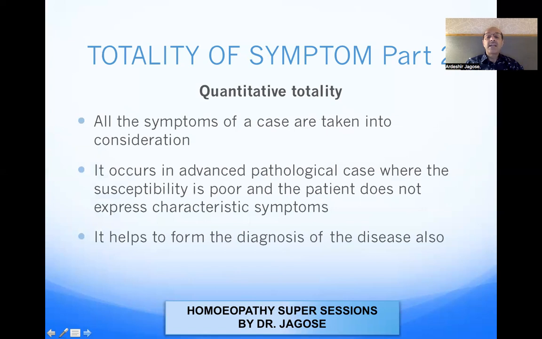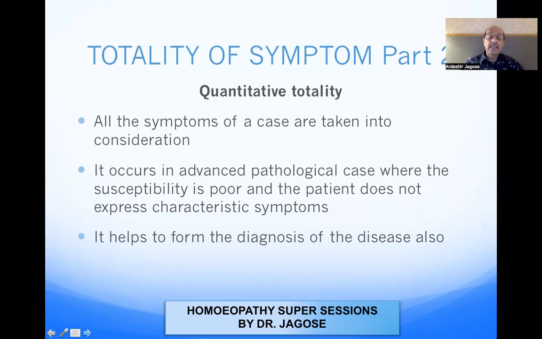Now, quantitative totality. All the symptoms of a case are taken into consideration. So quantitative deals with the quantity, it deals with the number. Whatever symptoms are there, X, Y, Z, or 1 to 10, all of them are taken into consideration. It occurs in an advanced pathological case where the susceptibility is poor and the patient does not express characteristic symptoms.